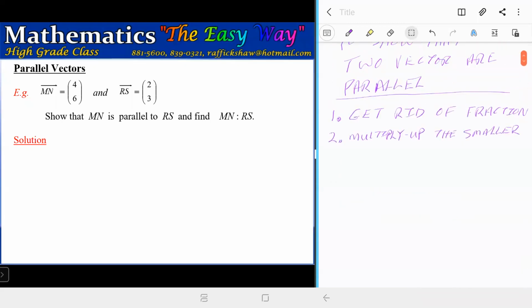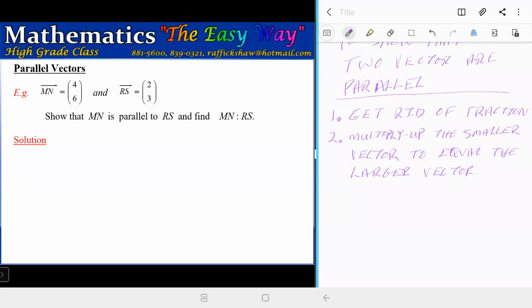So multiply up the smaller vector to equal the larger vector. All right, that's what you do next.